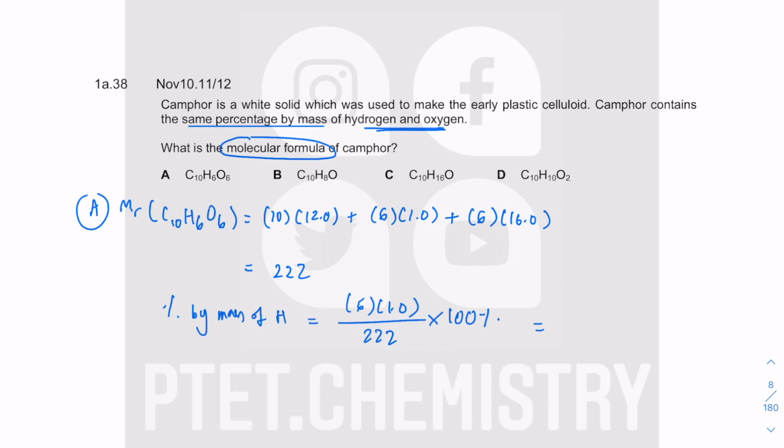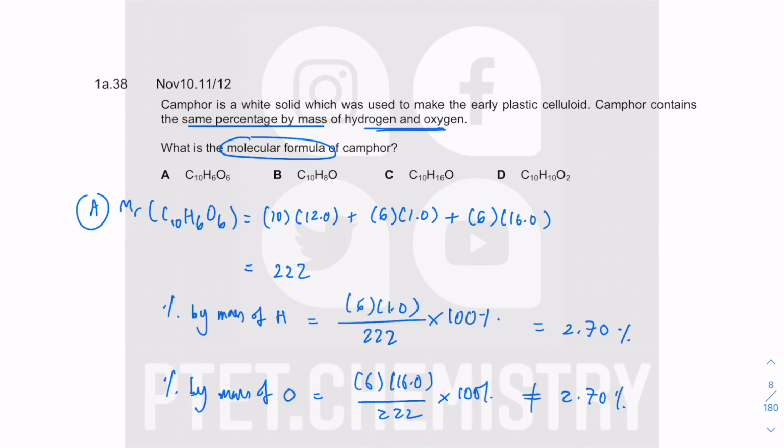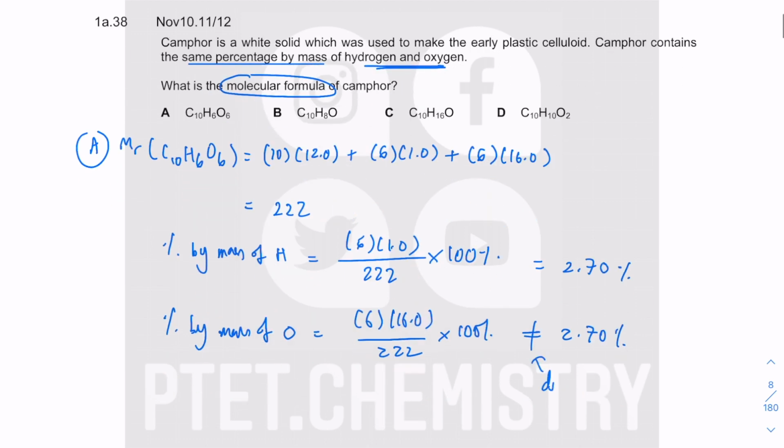So 6 times 1.0 divided by 222 times 100. They give me 2.70%. Percentage by mass of oxygen. So there's 6 oxygen. I can tell you, without even calculating it, that will not be equal to 2.70%, because, well, just have a look.